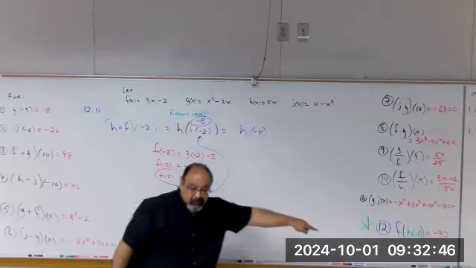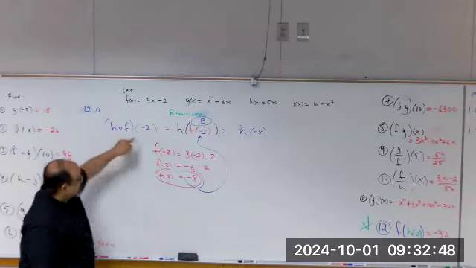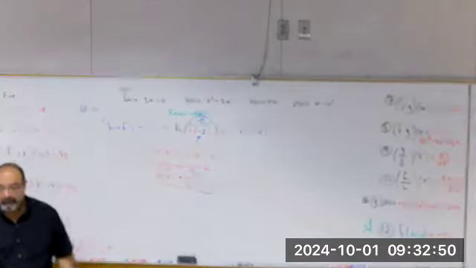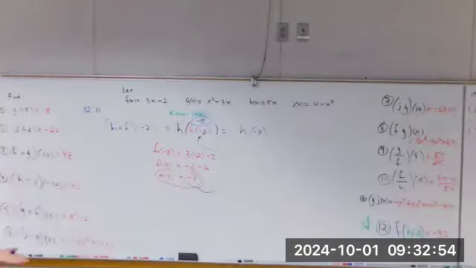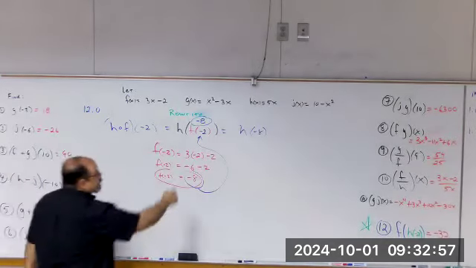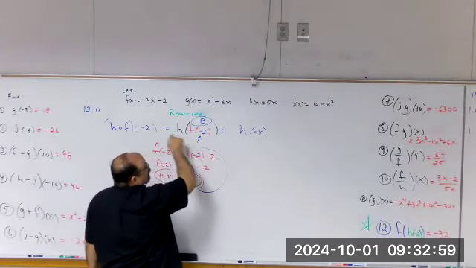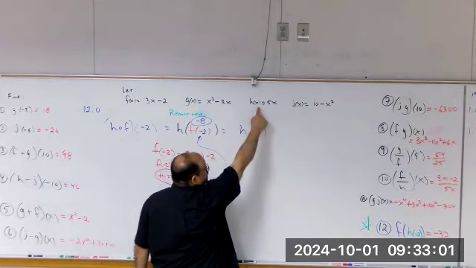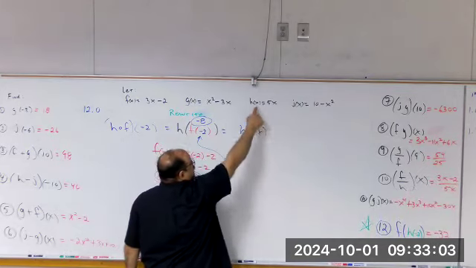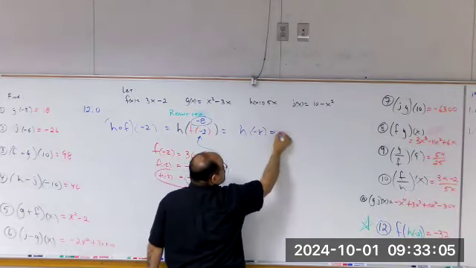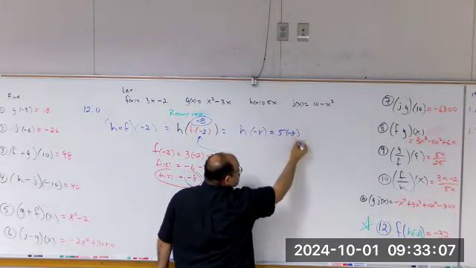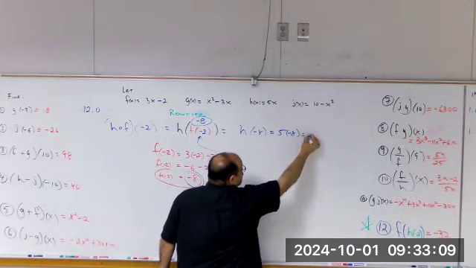You see how that's F and then H is on the inside. And over here I wrote H first, so F is on the inside. So I know what the inside is. I know that this equals -8. So now I know what I'm going to plug into the H function. Whatever goes into H, 5 times X. So this is just 5 times that, -8. And we get -40.